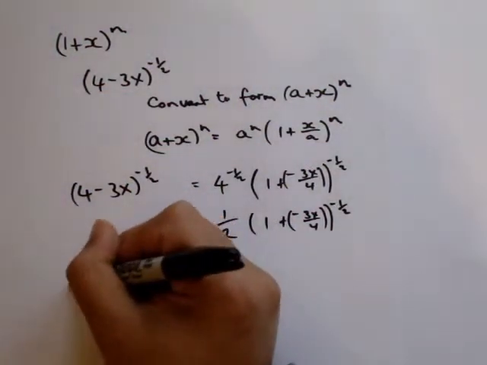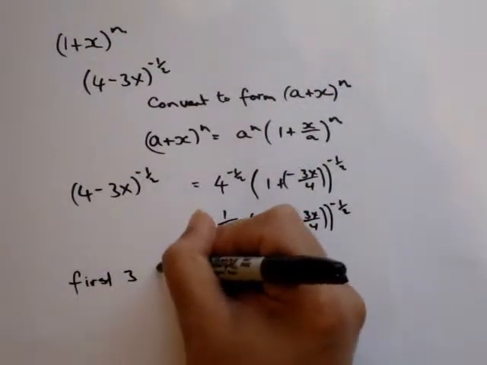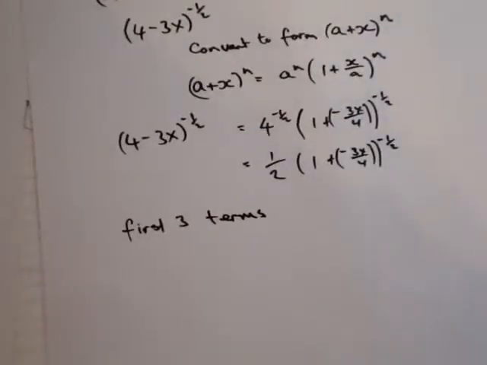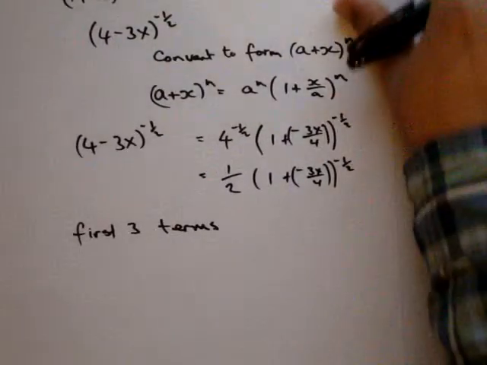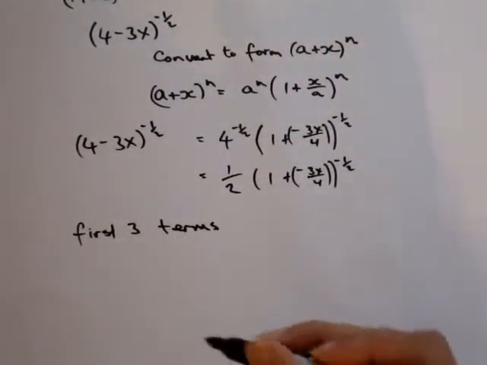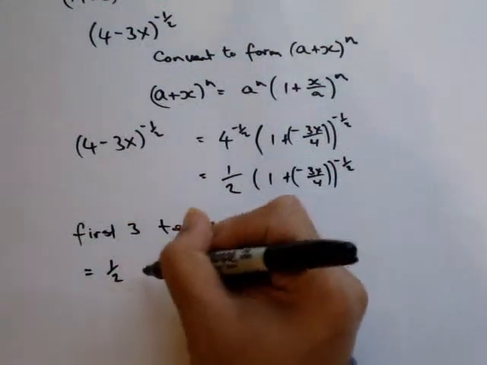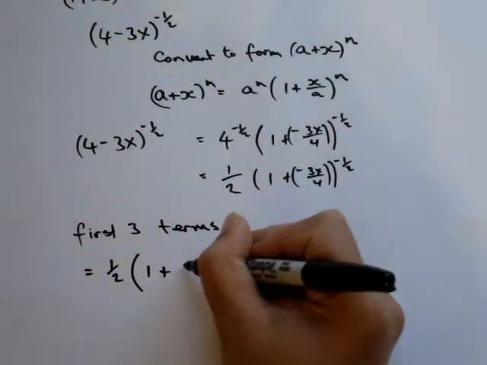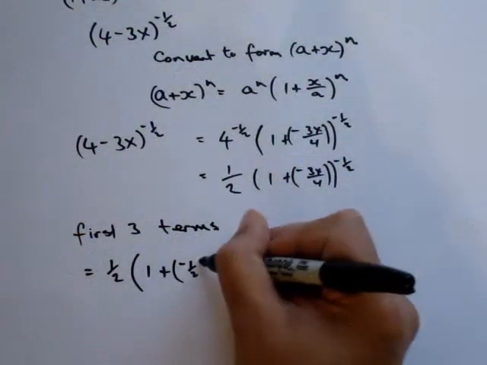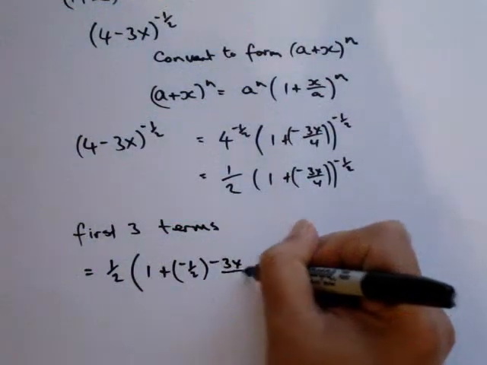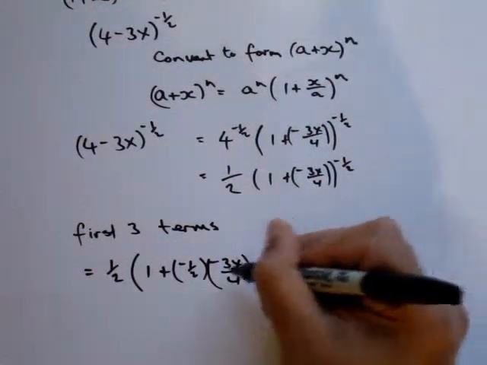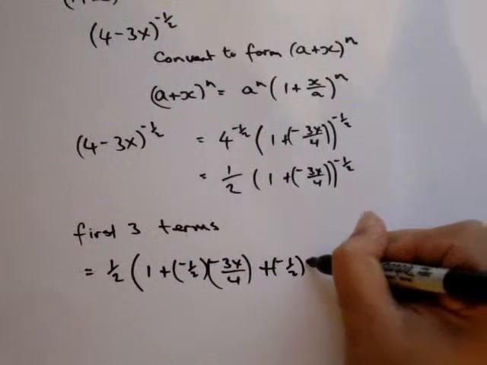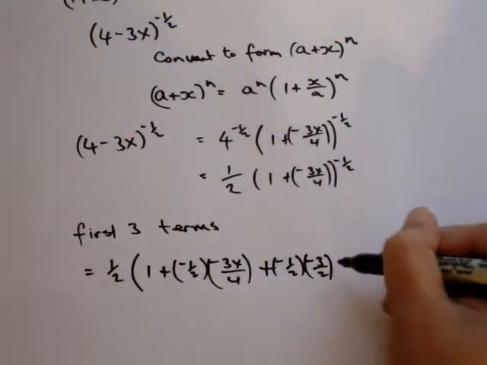So the first three terms if we use the binomial theorem would be a half, which is this half coming down, 1 plus minus a half, minus 3x over 4, and that would be our first term, plus minus a half, minus 3 over 2, which is n minus 1.